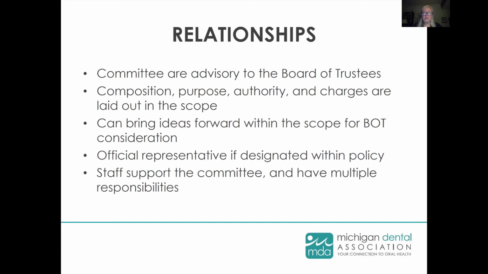In addition, you should know that your staff member who oversees the logistics and preparation of reports and minutes and things like that is there to support the work of your committee. Most staff have multiple responsibilities. I say that as a warning so that you understand they always have a lot to juggle.